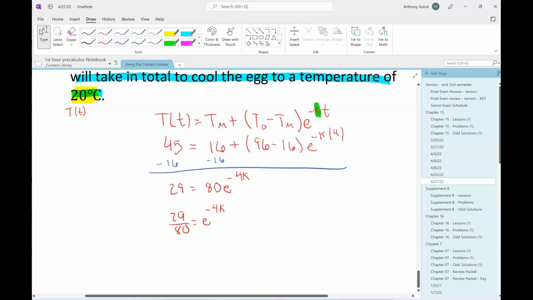And now how am I going to get rid of that exponent base of e? What's going to cancel out an exponent base? No, not a square root.